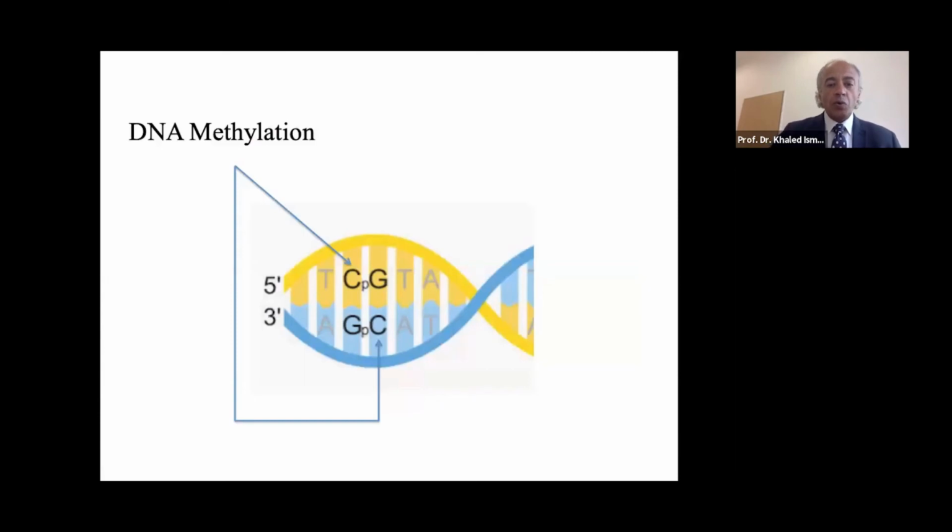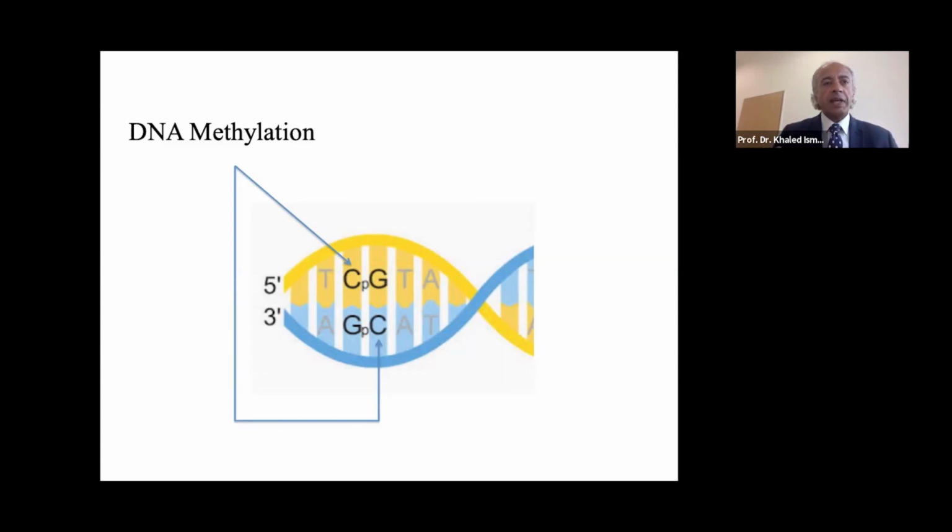However, in our genome, if there is a cytosine followed by a guanine, this cytosine can undergo a process called methylation. In our DNA, there are certain areas where you get a cluster of these, called CpG, because the p stands for phosphate, because this is the bond that keeps the nucleotides together.